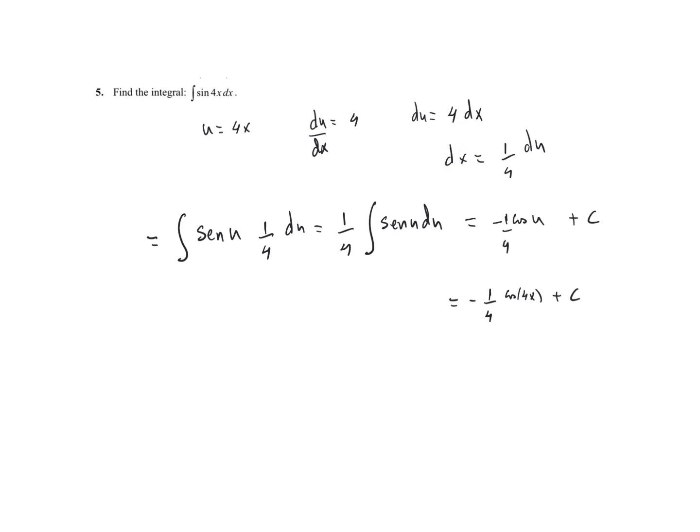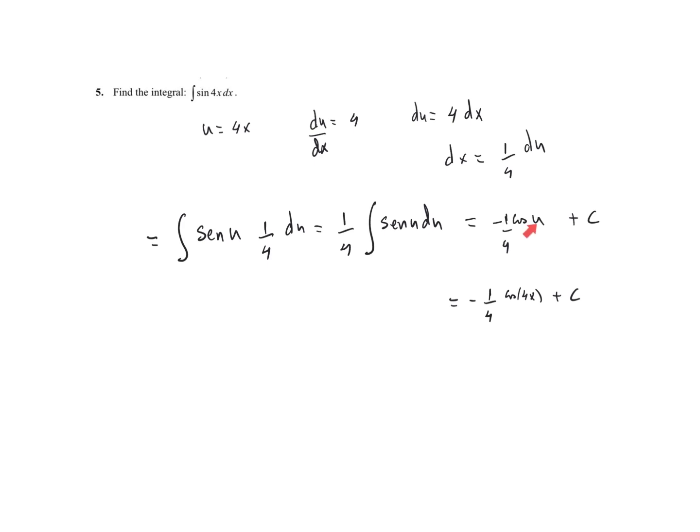So now I rewrite my equation. Sine of 4x, sine of u, because I have chosen u to be 4x, times dx, and dx is 1/4 du. The 1/4 goes out of the integral, sine of u du.